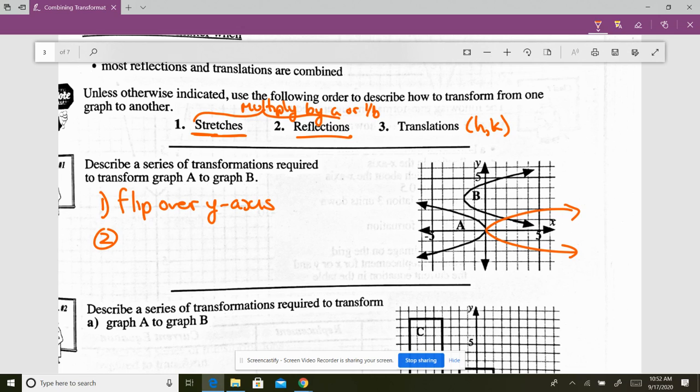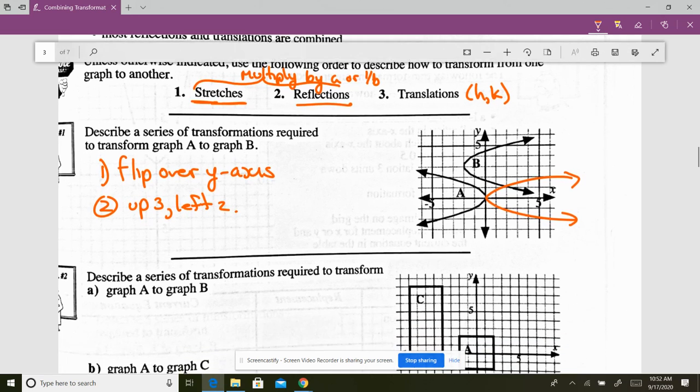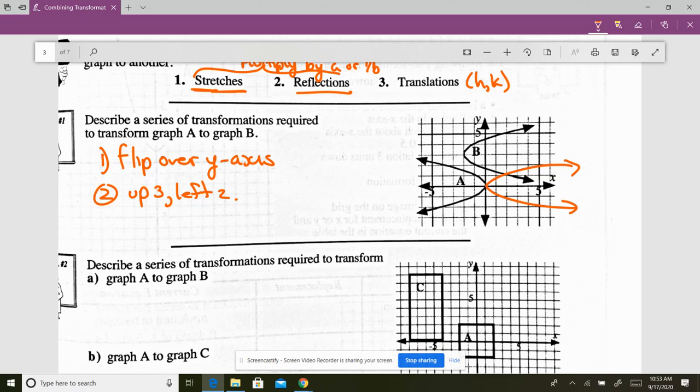Everybody agree with that? So if we go up 3, left 2. Okay? All right. That's all you have to say. If I ask you how to get from A to B, you just have to say that: flip over y, up 3, left 2. Done. And you have to go in that order. This first. This has to go first.